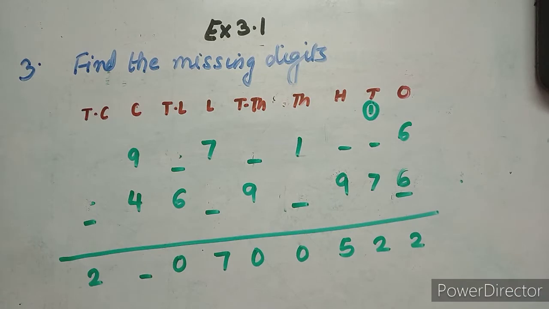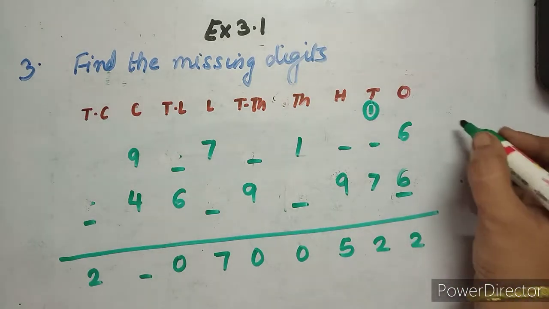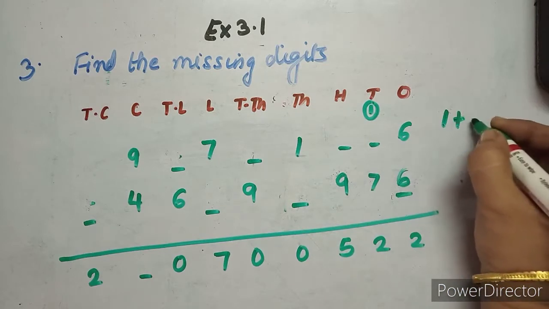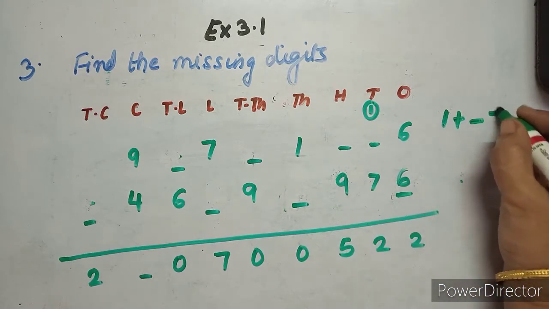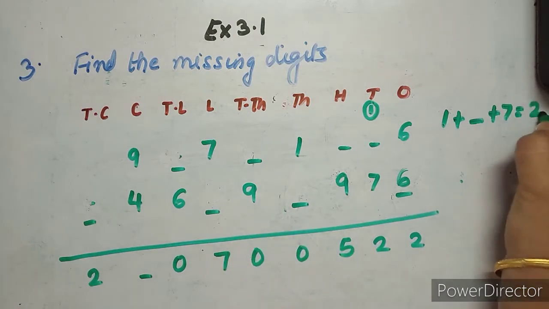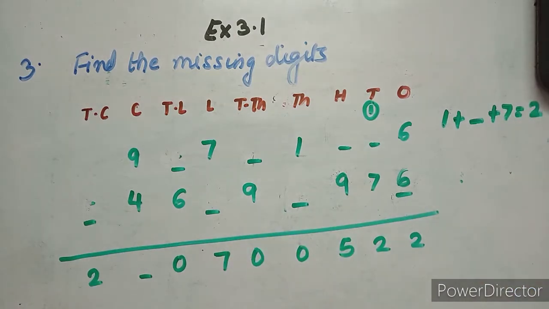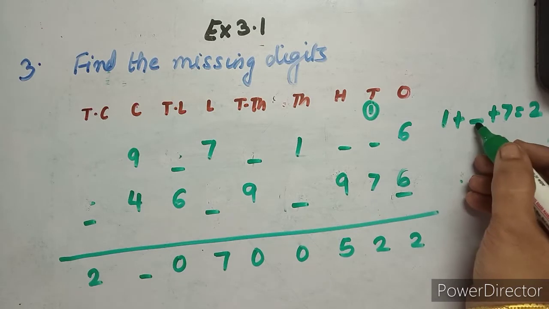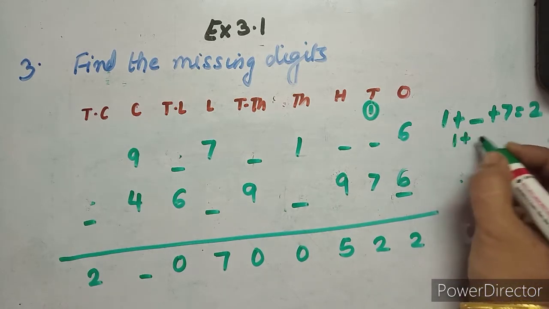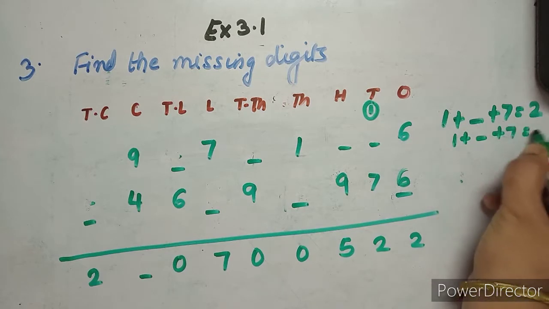Now again you have 1, then the blank, then 7 here, and you need to get 2. So 1 plus blank plus 7 you need to get 2, but here also you have to assume this 2 as 12.